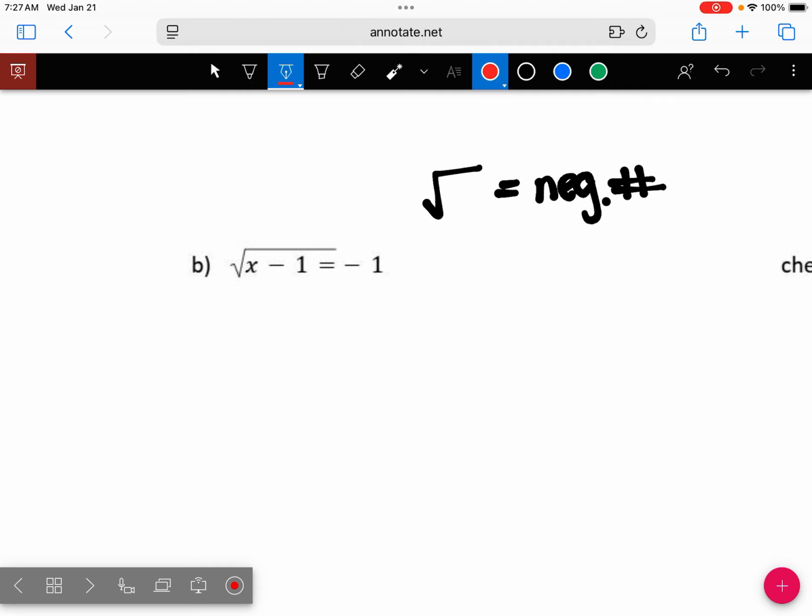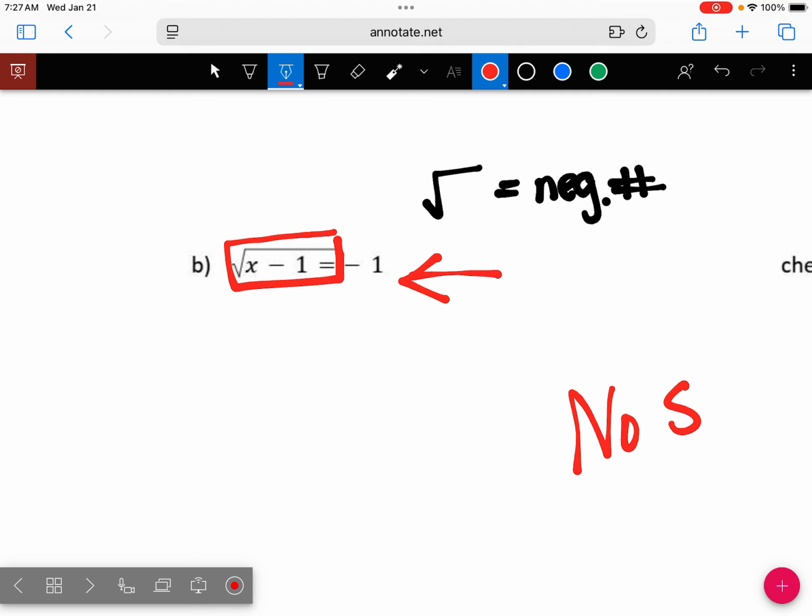Because if all you have on one side is a radical, and on the other side of the equal sign is a negative number, we stop right there. There is nothing to do. So this is another no solution.